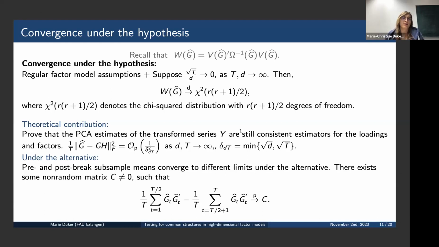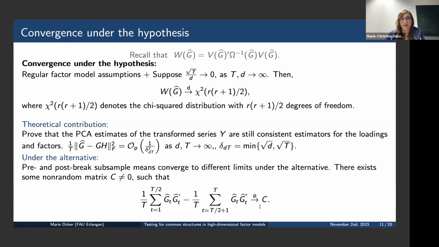But we can also show that under the alternative, this estimator is consistent in the sense that under the alternative, we get that the test statistic diverges. And we get a very similar result as in Han and Inouye by just considering the two other alternatives we looked at the beginning, because at the beginning we showed there are three different types of alternative.